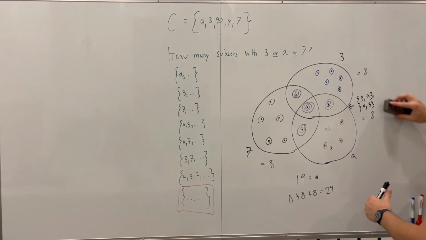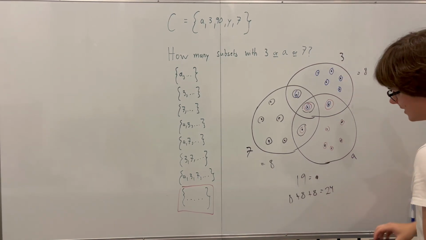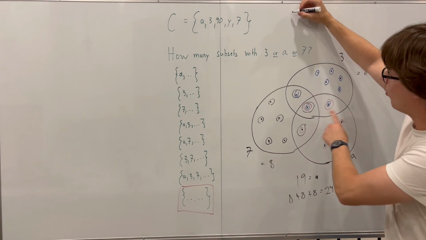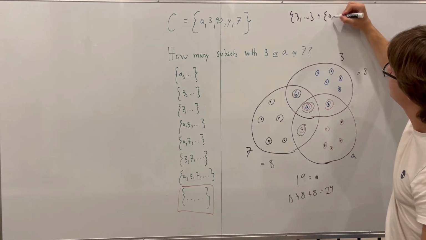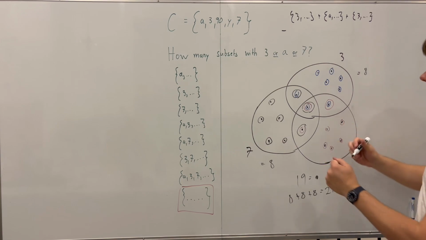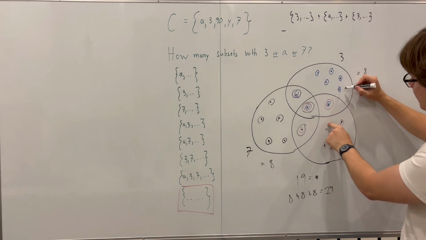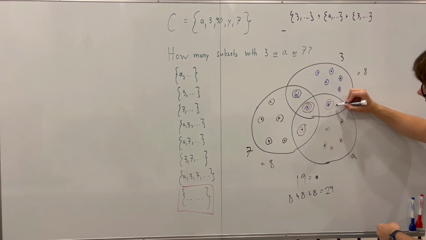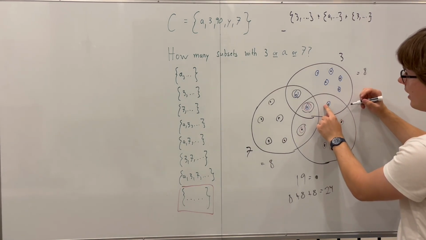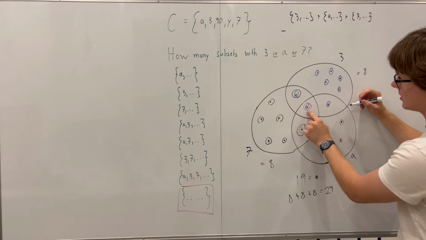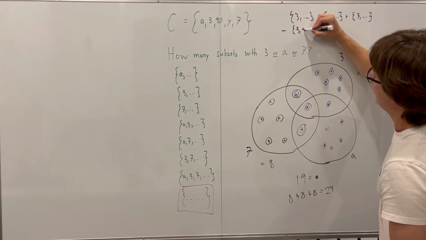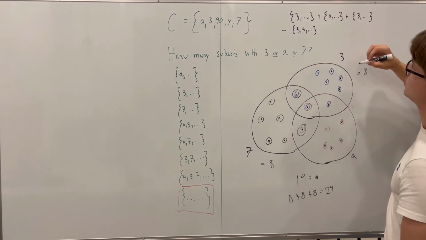So how are we going to resolve this issue? Well, we're going to simply subtract, after counting all of the subsets that definitely have one of these elements, the sets that have both of them. So we're going to subtract from this, because this has been double counted. This includes the subsets that have both of them, right? We're going to subtract it once. So we're going to subtract from this just the subsets that have 3 and A once, because we've counted those twice.